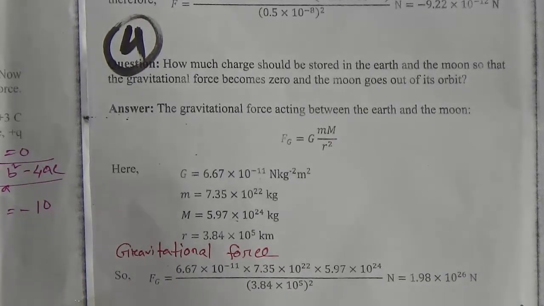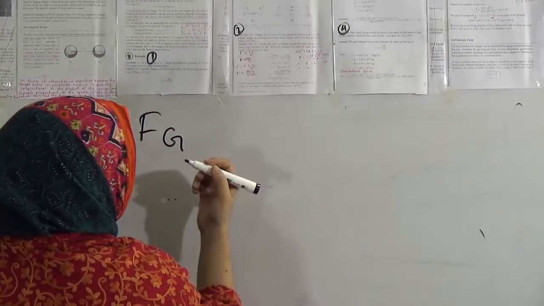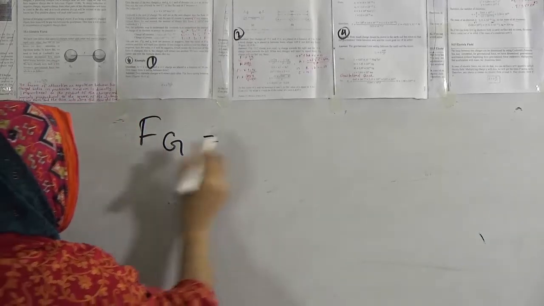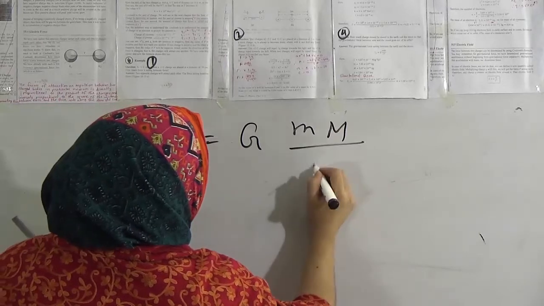My dear students, the gravitational force acting between the earth and the moon will be Fg. From the gravitational law we can write Fg equals G m M divided by r square.